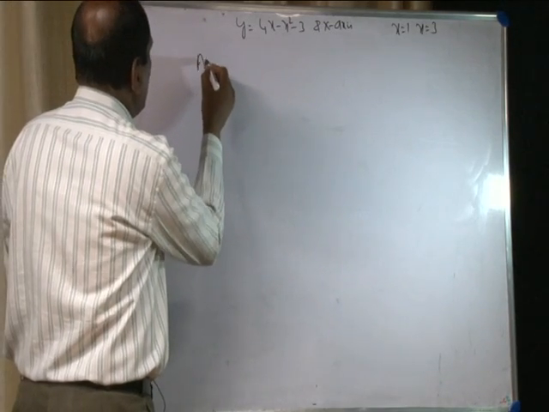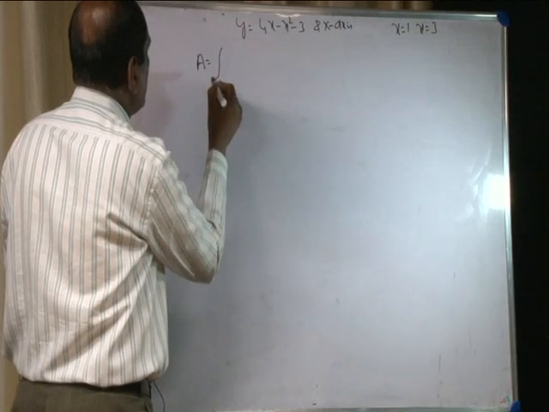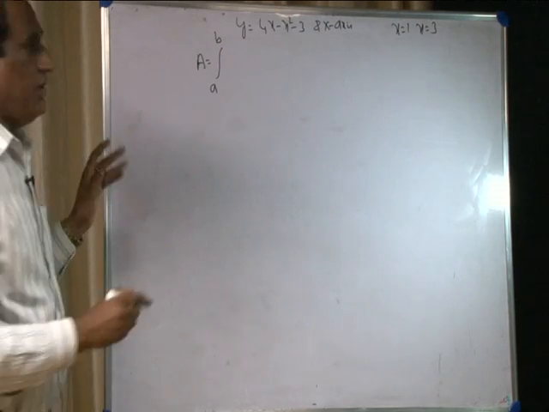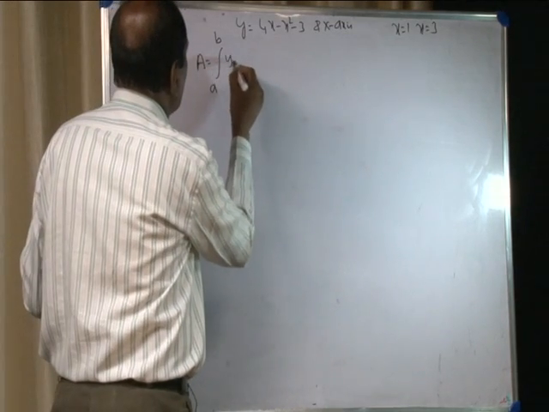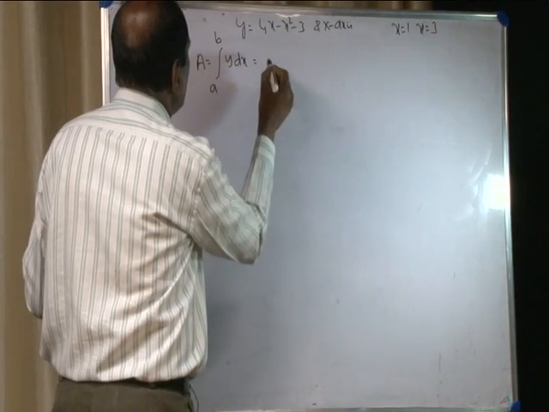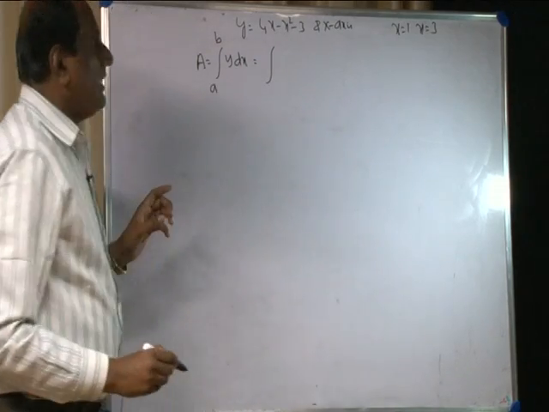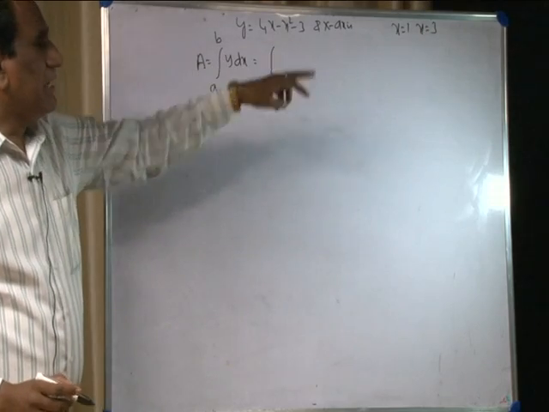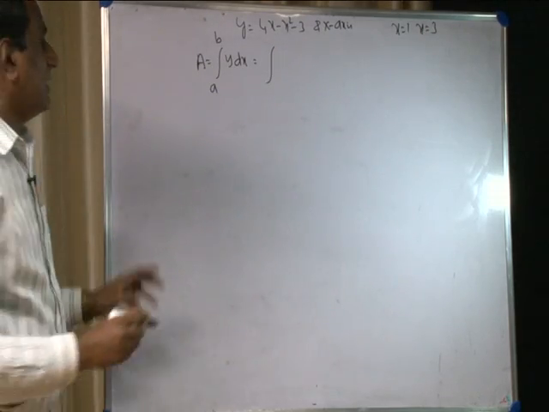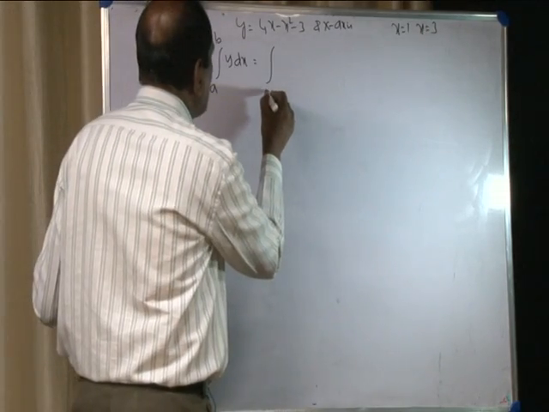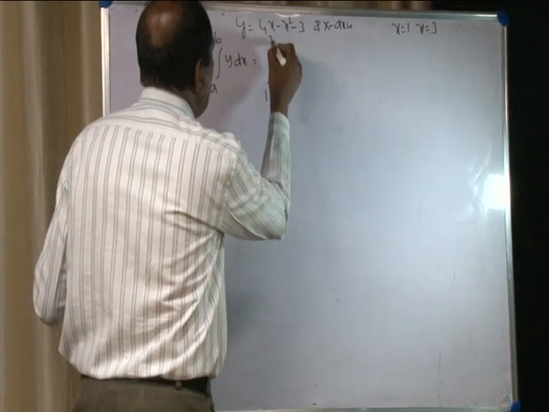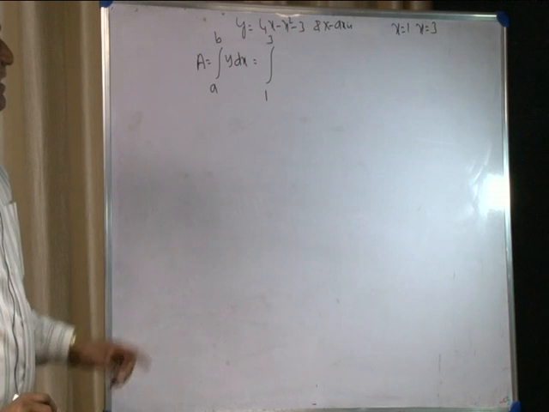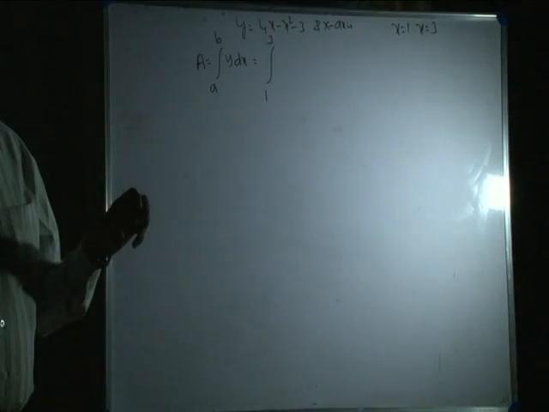That is A is equal to integral a to b y dx. Here a to b means the limits calculated by factorizing, that is x equal to 1 and x equal to 3. So, put 1 as the lower limit and 3 as the upper limit. Now, substitute y.